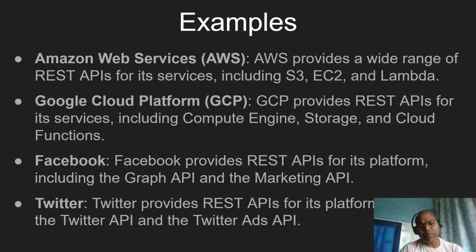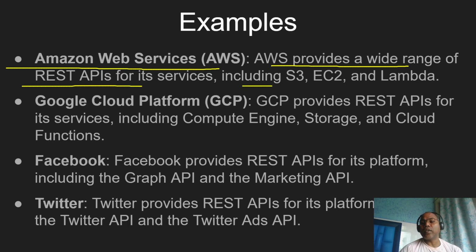There are lots of examples, but a couple: AWS itself provides a wide range of REST APIs for its services, including S3, EC2, Lambda, whatever. Nowadays on the cloud you are getting cloud services in the form of REST APIs.